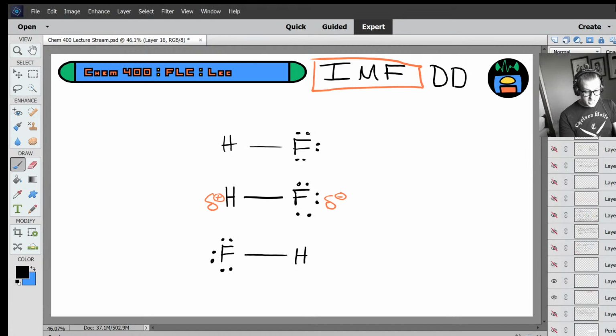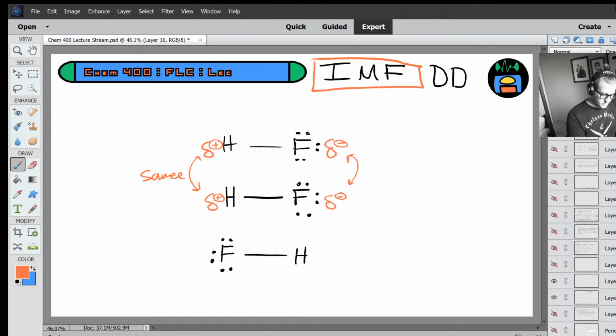And it will never happen this way because the hydrogen isn't attracted to the hydrogen, the fluorine isn't attracted to the fluorine, because these charges are the same, right? I don't know why I wrote two E's in same.